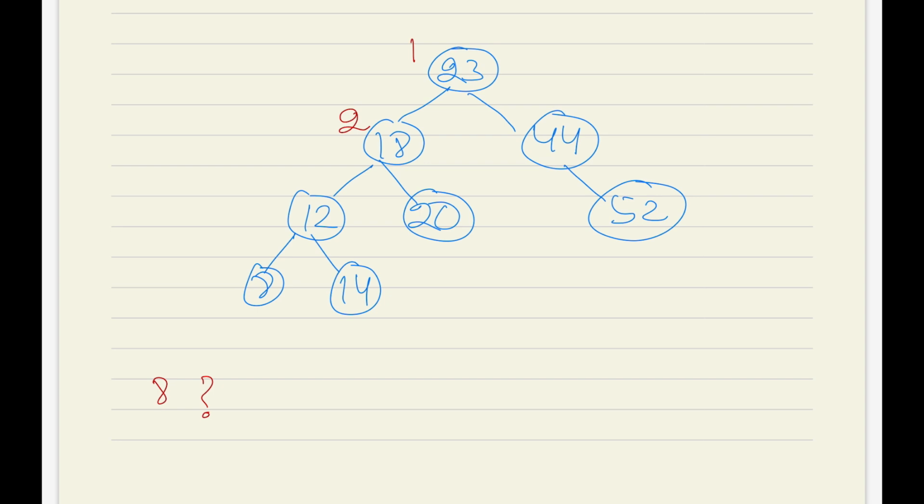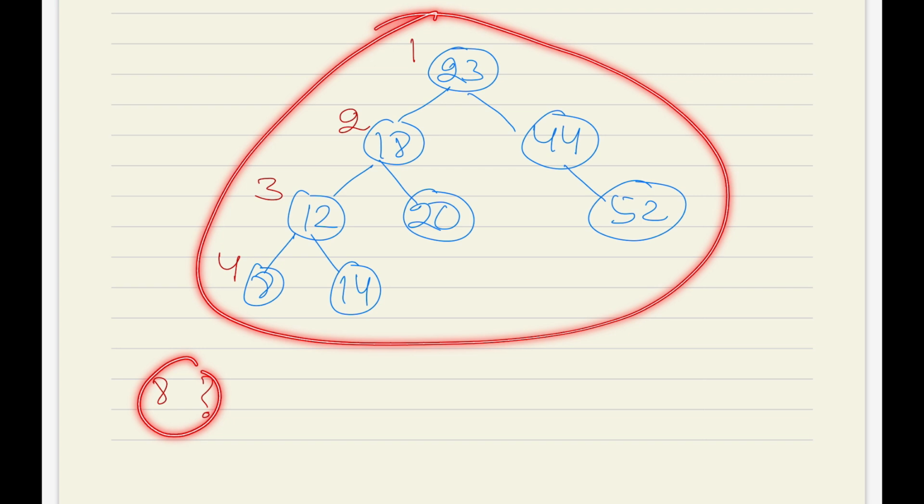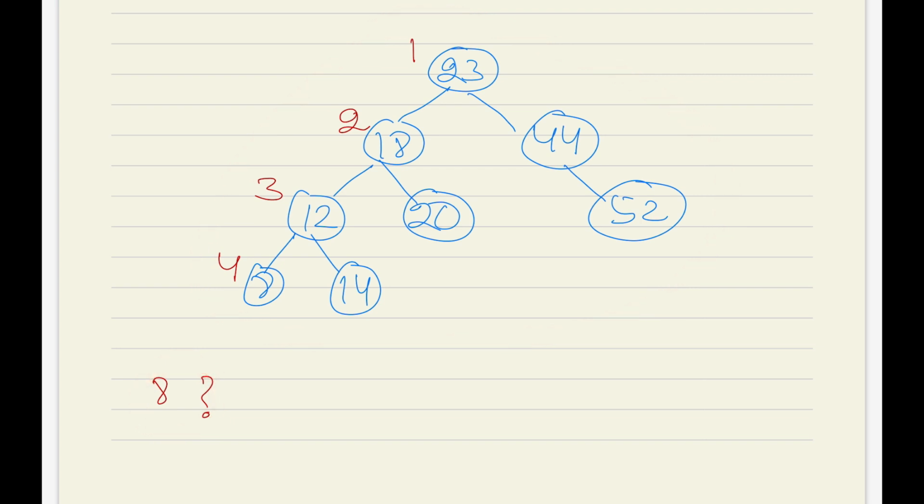Then 8 is less than 18, then move to node 12, so 3 comparisons. Then 8 is less than 12, so come to the left subtree, so 4 comparisons. So to locate or to find whether 8 is present in this binary search tree or not, we need 4 comparisons.